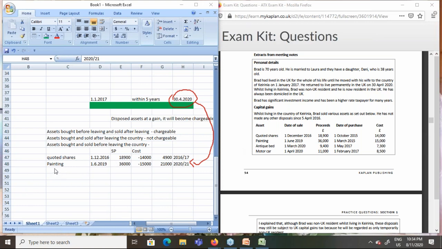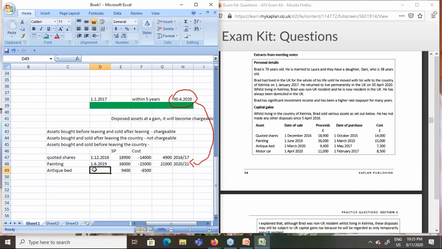So then, antique bed. Bought 1st of February 2017 for 8,500, and then sold it for 9,400.